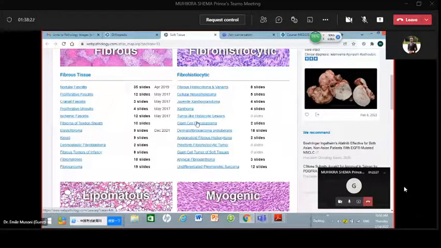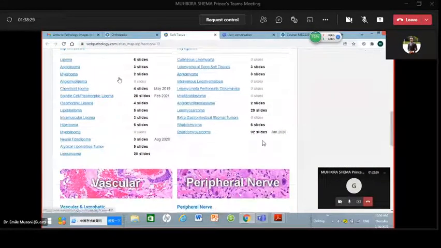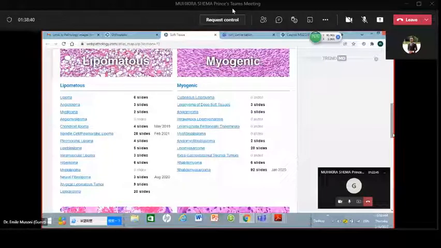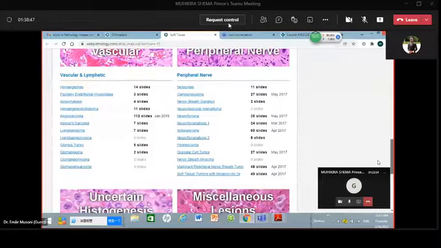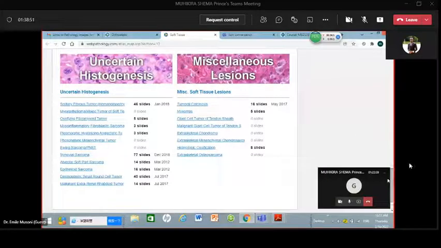We go on to the lipoma, and what you must know for everyone, it has its specific image. When you go to the myogenic, these are tumors. Vascular, peripheral, and certain histogenesis, miscellaneous soft tissue, like tumoral calcinosis.